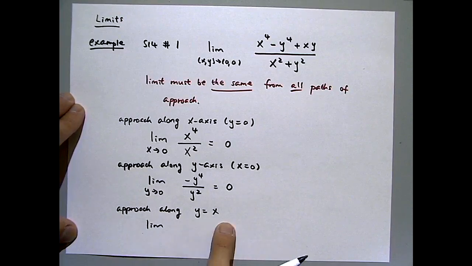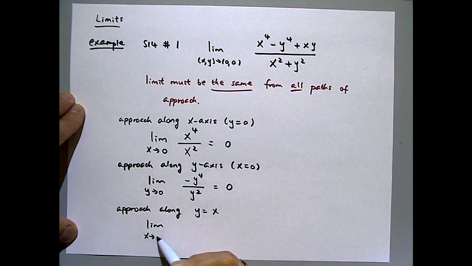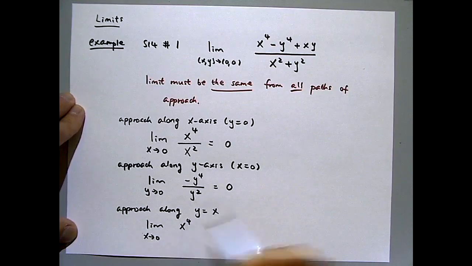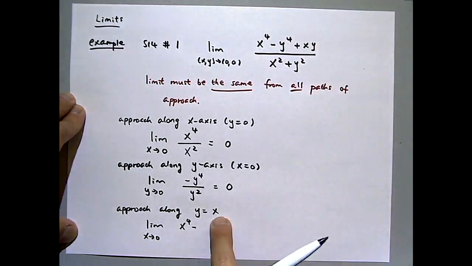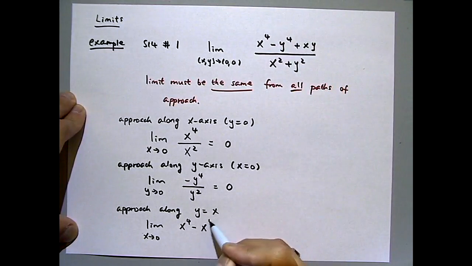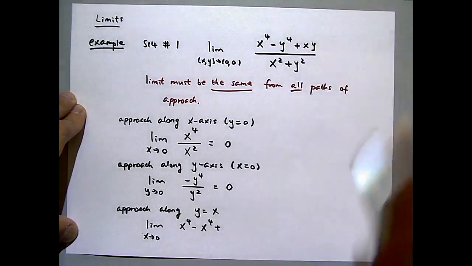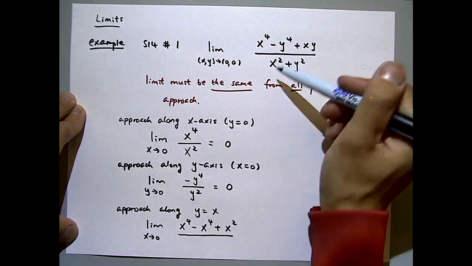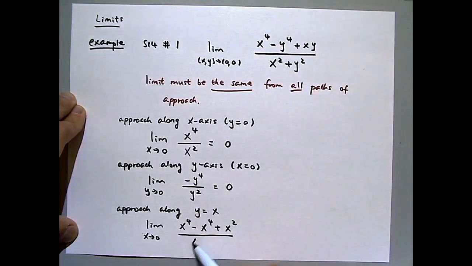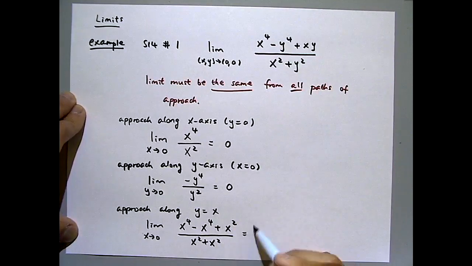So y is going to become x, therefore the only thing that really matters is x. So this is x to the fourth minus y to the fourth, but y is x now, plus x times x, that's x squared. Downstairs is x squared plus x squared, because y is equal to x.